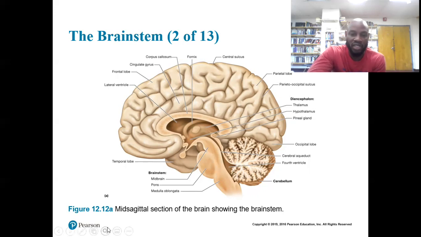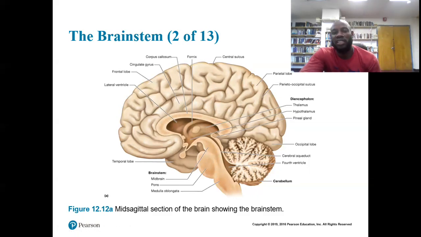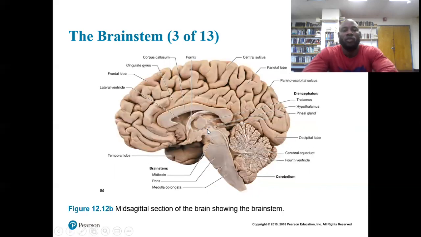And it's separated into sections, midbrain, pons, medulla oblongata. Okay. Diencephalon here in the middle. All right, that's another, and that's looking at a cadaver.